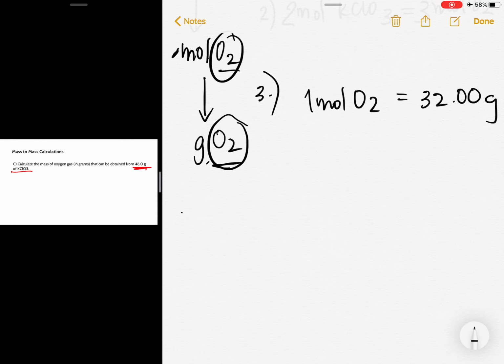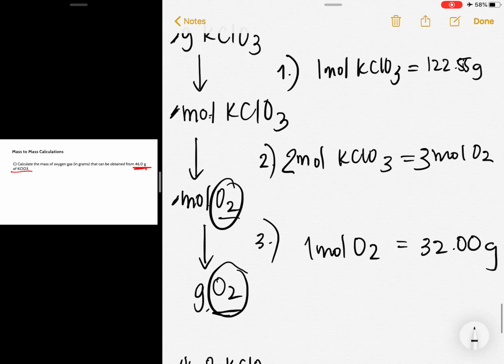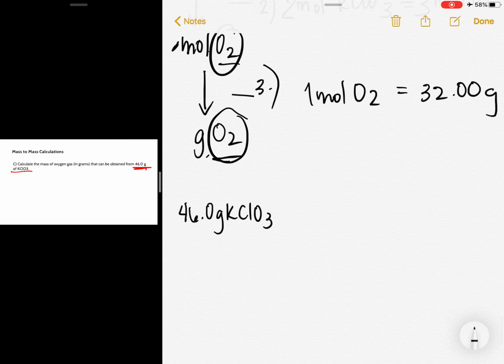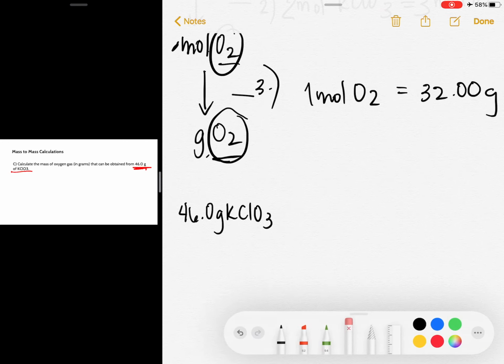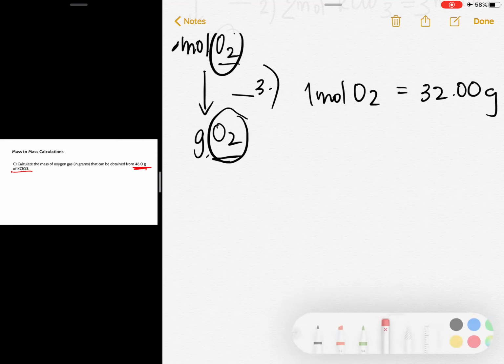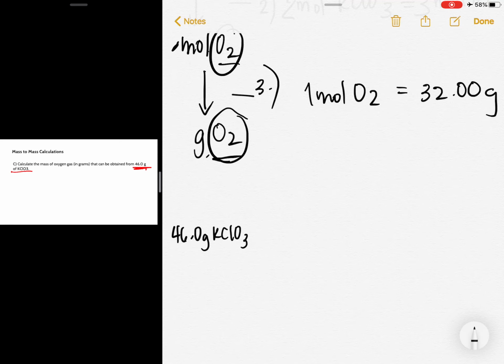So you start from there. 46.0 grams of potassium chlorate. Okay, tip. Kung gaano kadami yung inyong conversion factor, ganun kadami yung parenthesis ninyo. So in this case, 3 yung ating conversion factors, 3 yung ating parenthesis. Kasi some students would say, Miss, tapos na ba? Ilang parenthesis ba? So kung ilan yung conversion factor ninyo, ganun kadami yung inyong parenthesis.